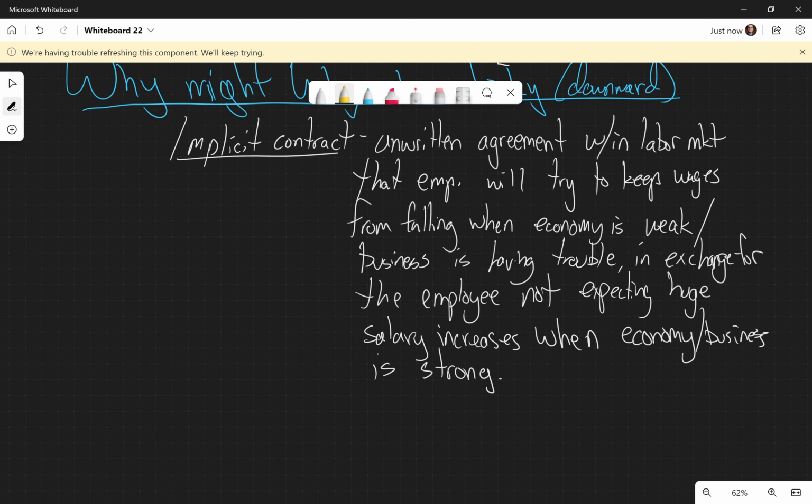The next part of it, which I think is a very interesting theory, is called the efficiency wage theory. Efficiency. Well, there's an N in there.